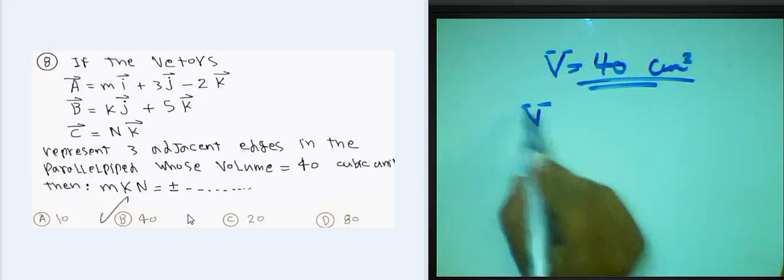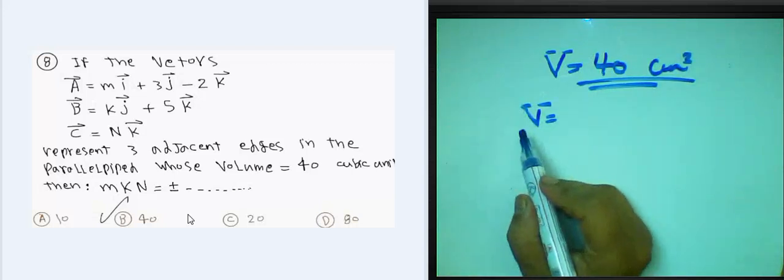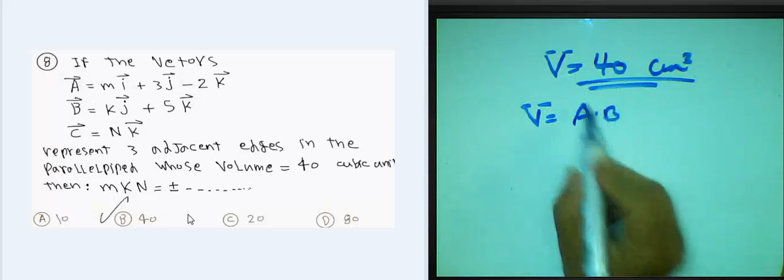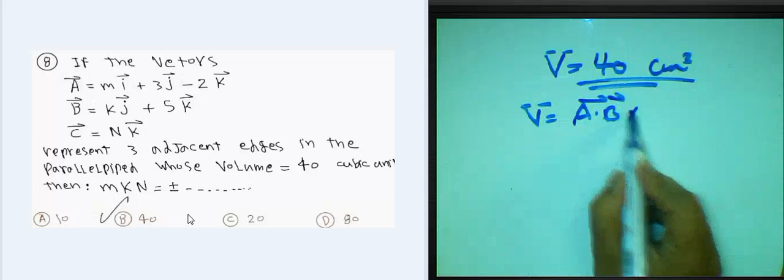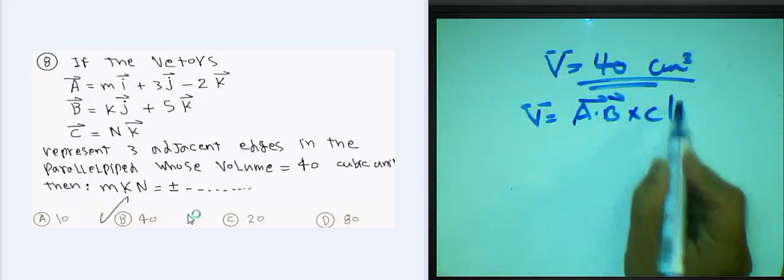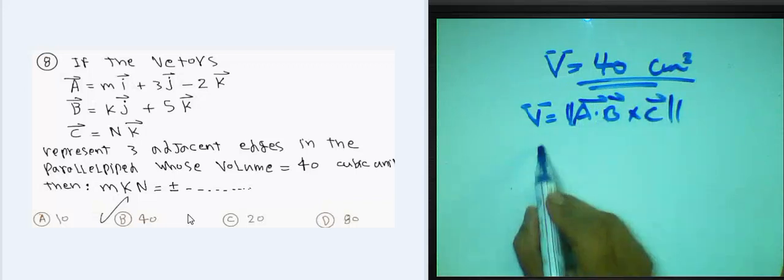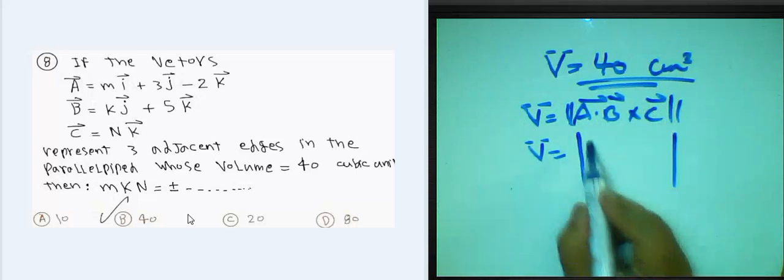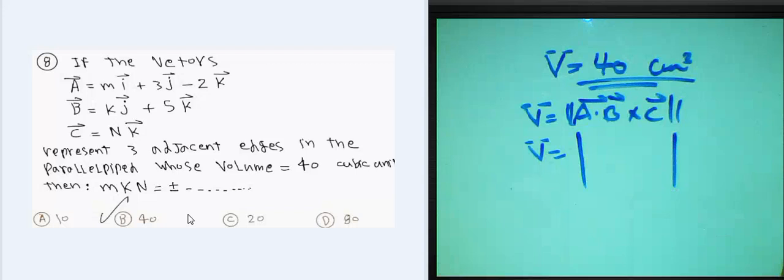We know the volume of the parallelepiped equals A dot B cross vector C. Then we can find the volume: vector A is M, 3 and negative 2.